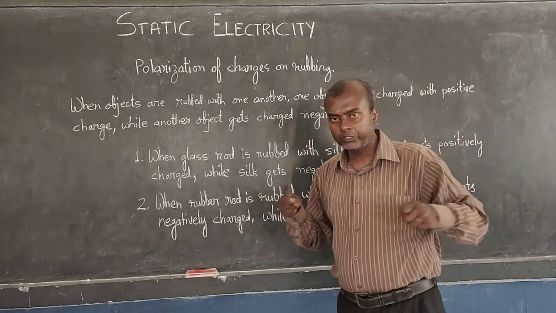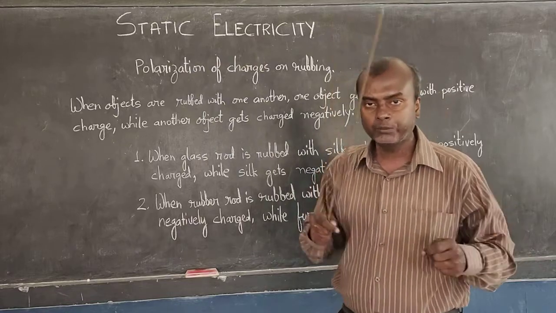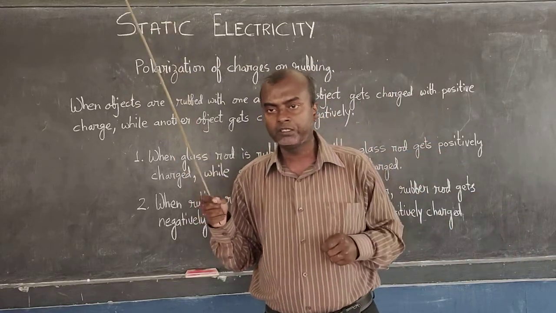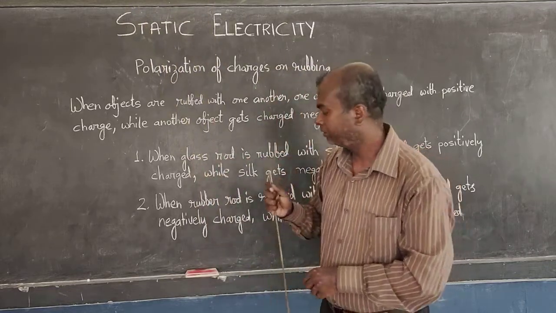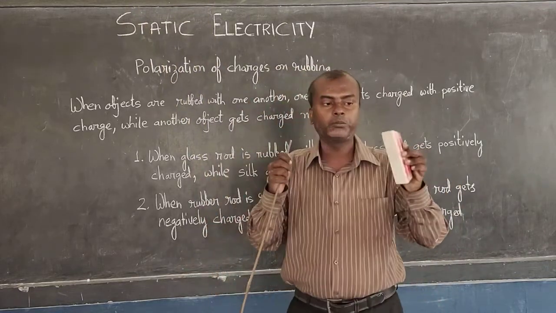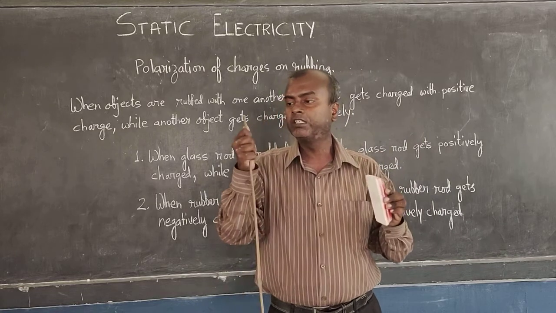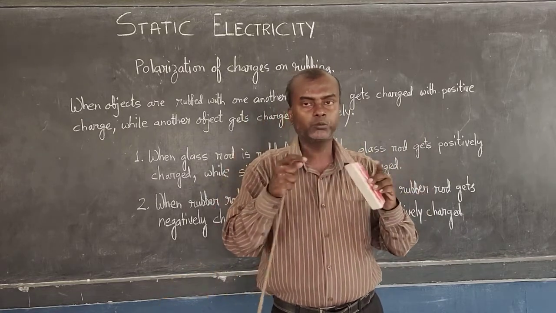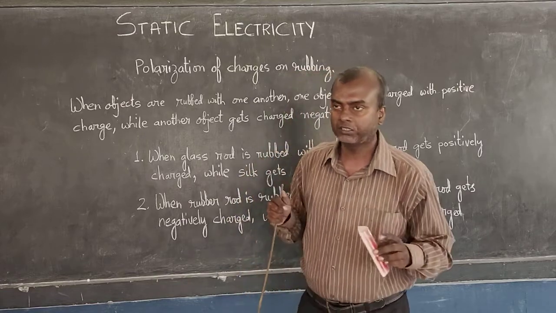If I am rubbing two objects, one will get positive charge, one will get negative charge. One end will have one kind of charge and the other side will have another charge.